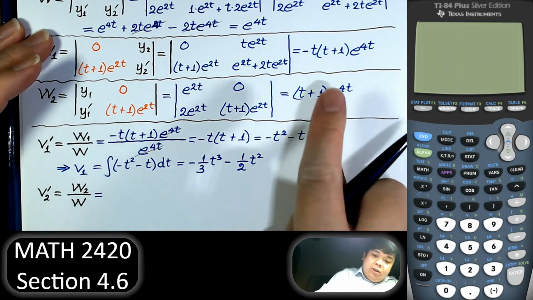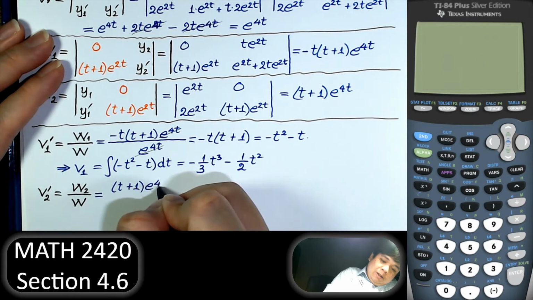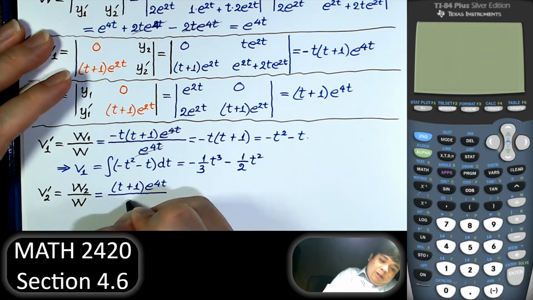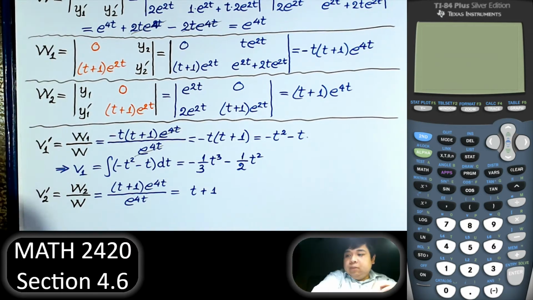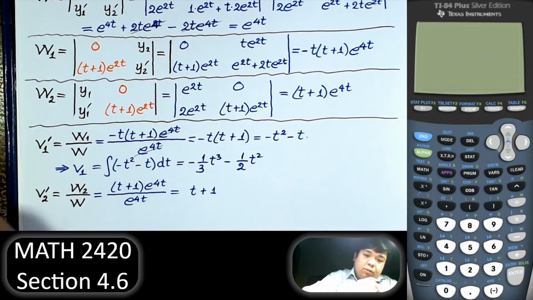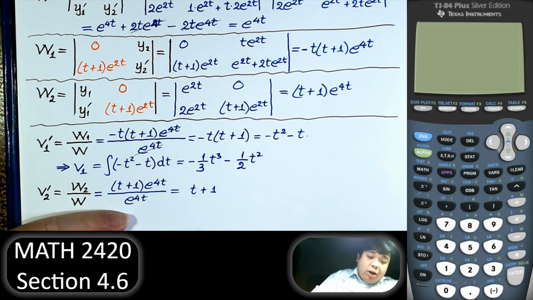Right, W2 over W. So that's what we have, t plus 1.